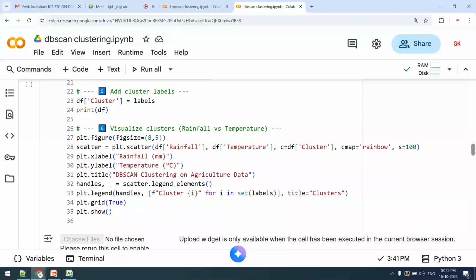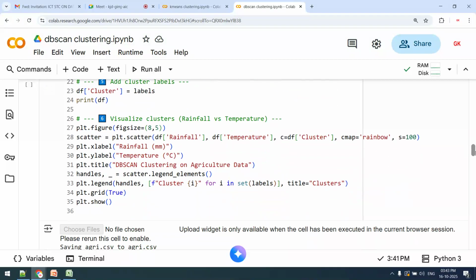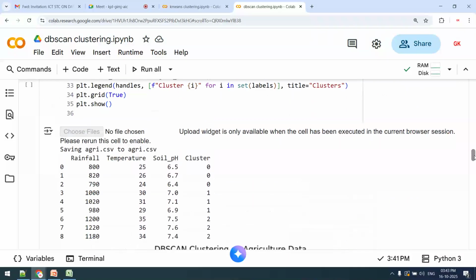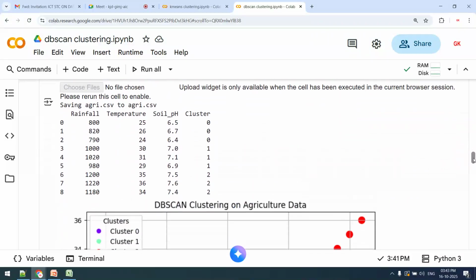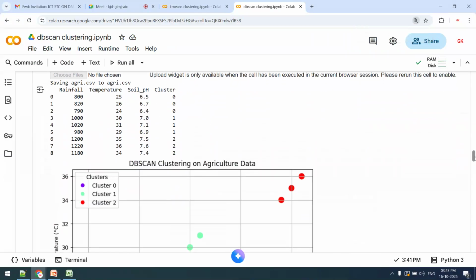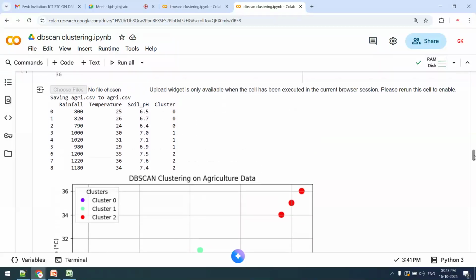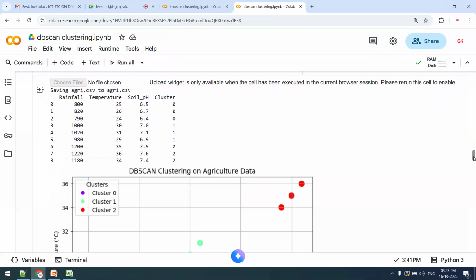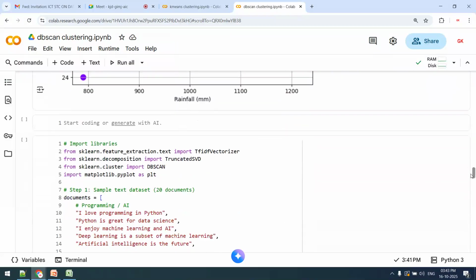In the same way, suppose we have some agriculture data depending upon rainfall, temperature, and soil pH value. We want to see whether a particular agriculture land is suitable for specific types of crops or not.